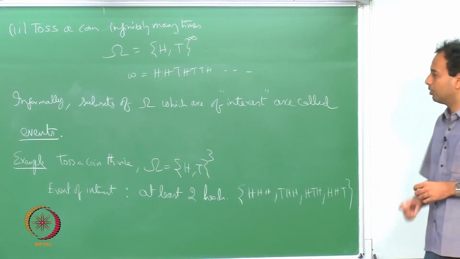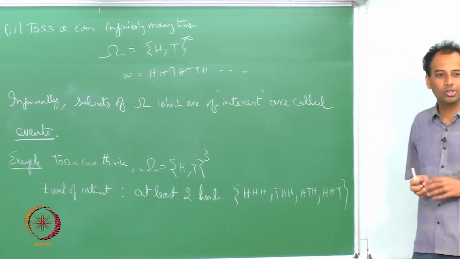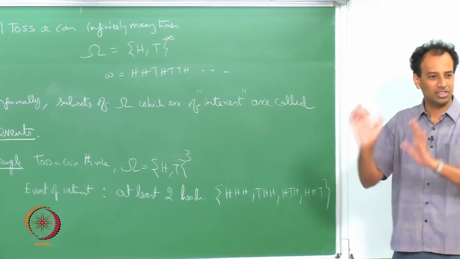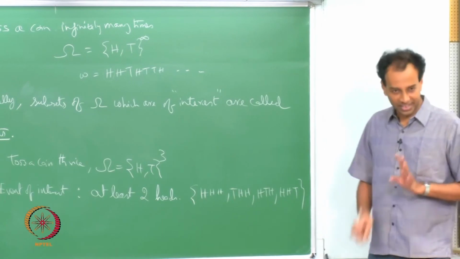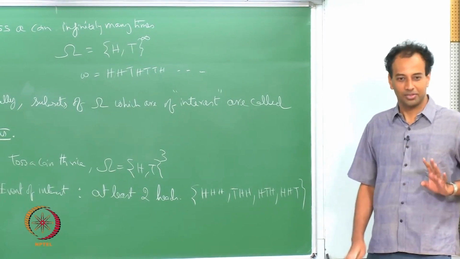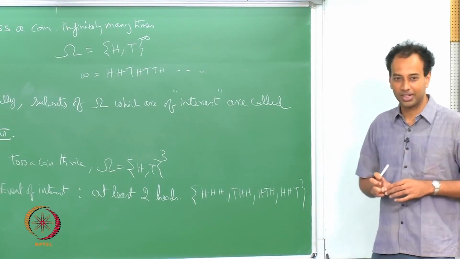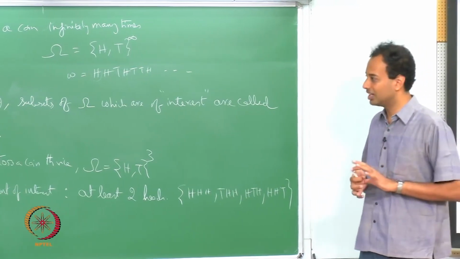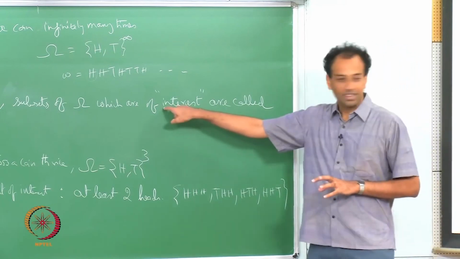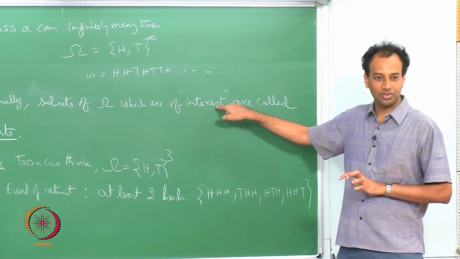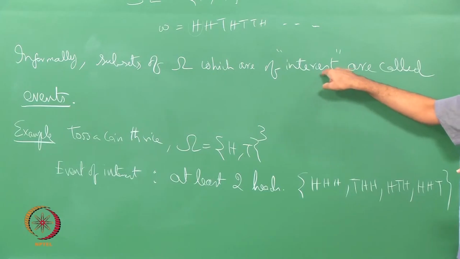Okay. So, for all colloquial purposes an event is a subset of the sample space, except that is not the entire story. That is something we will get to later. For now you can just consider an event as a subset of the sample space, but I have put something into quotes here, that they are of interest to us.